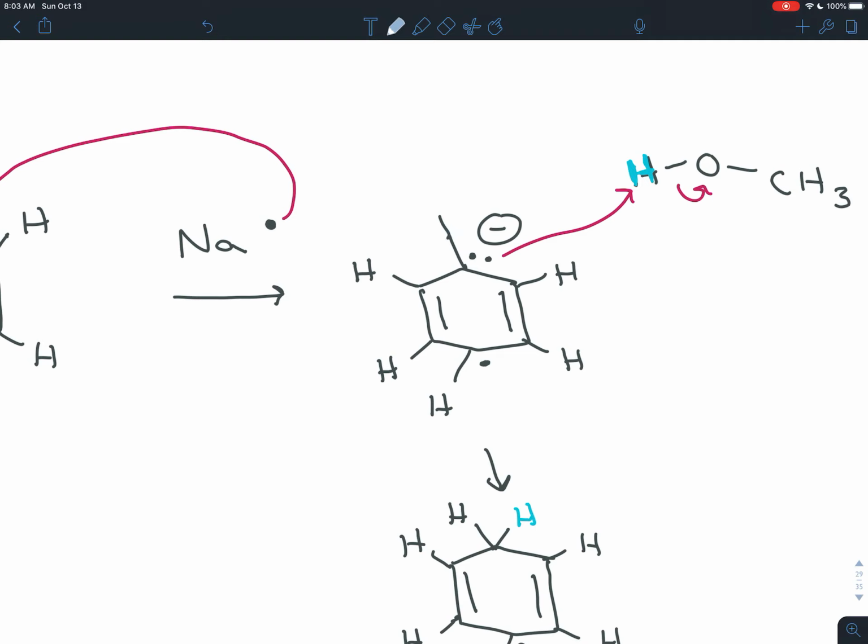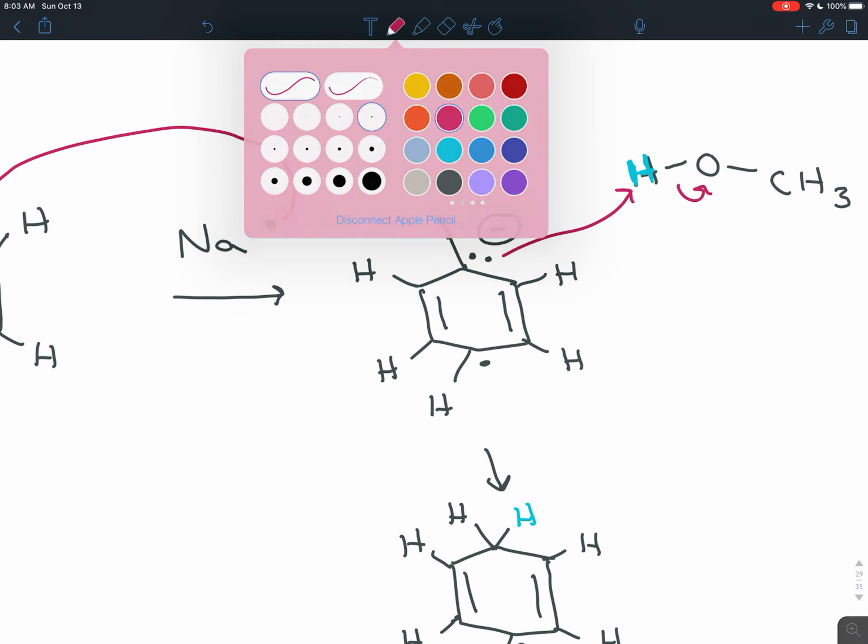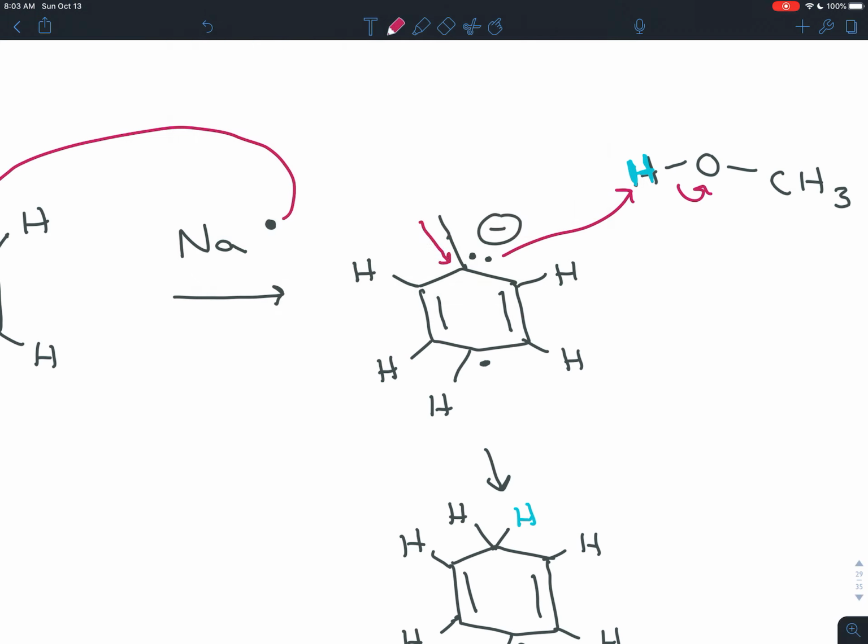So if we have one of those sp3 hybridized carbons, and we have a p orbital here, you could see how one of those sp3 orbitals is going to donate electron density into that p orbital. So in this case, you're not withdrawing electrons, you're adding electrons in. Now you already have a lot of electrons there, and so if you add electrons in, that's going to really destabilize it.